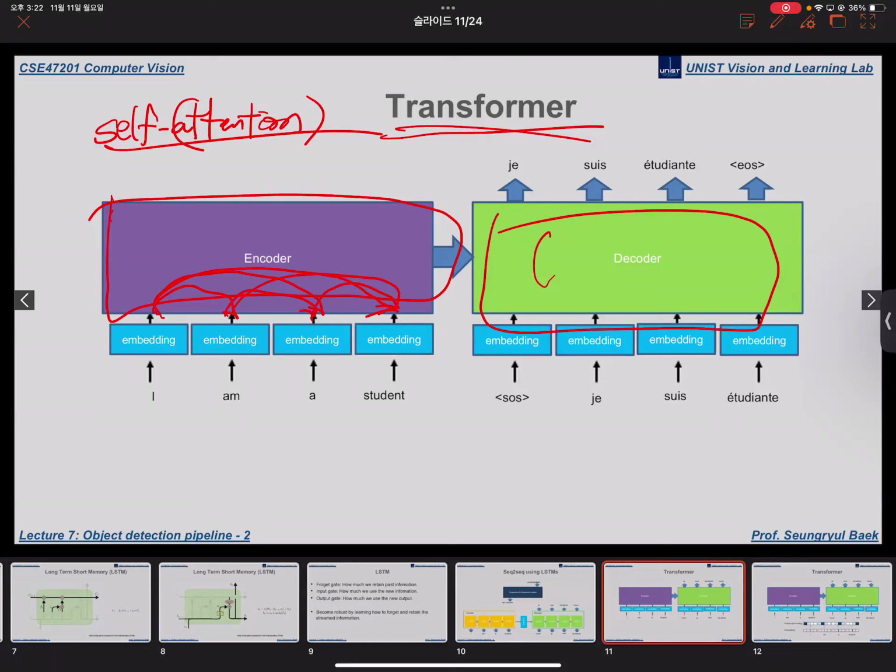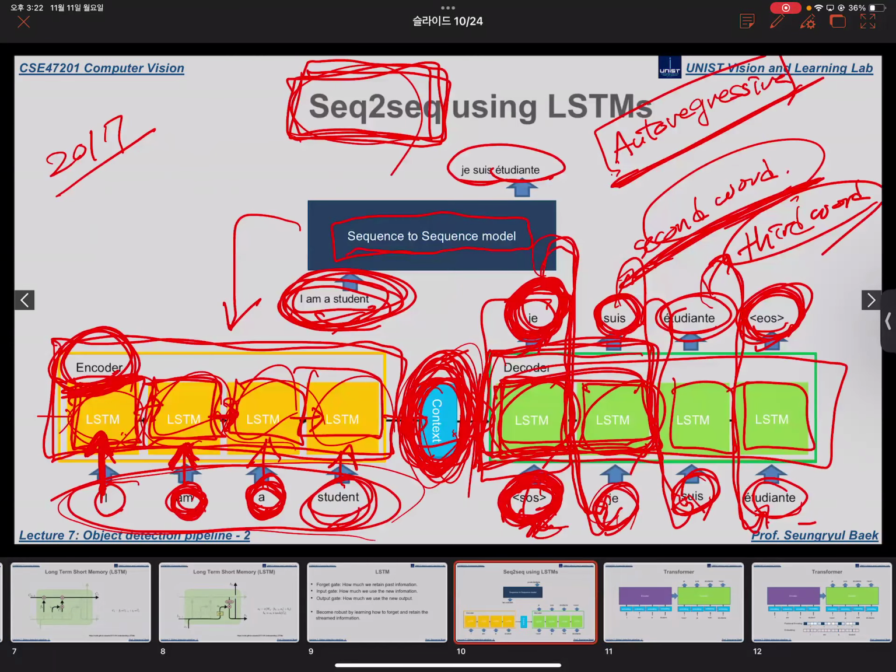So we input, I am a student, and the LSTM calculates their features sequentially, getting the input and transmitting some contextual information to the next step. And the last feature vector will somehow encode all the sentence information. That's what we do here, right?